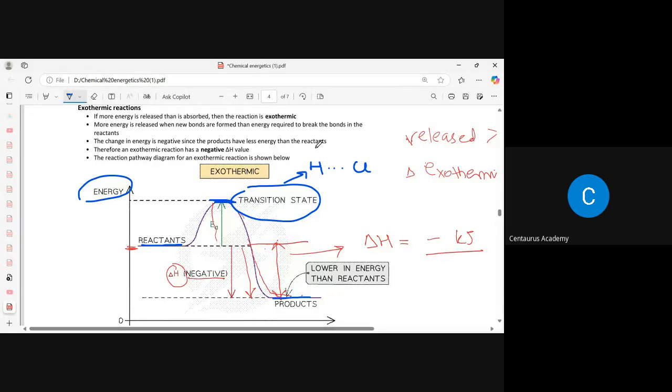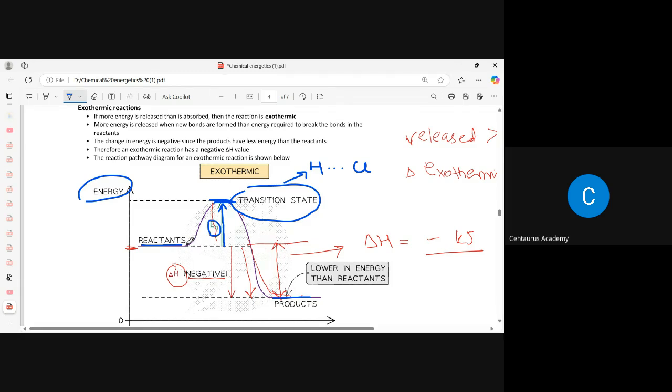This new bond formation and old bond breaking happens in this transition state. Old bonds are being broken down, and new product bonds are being formed. The minimum amount of energy required by the reactants to produce the products is referred to as the activation energy.